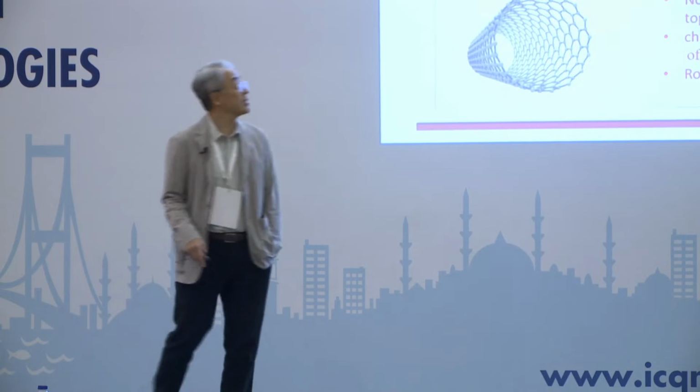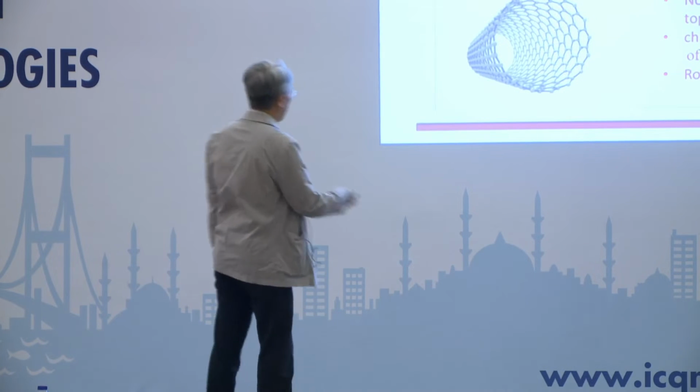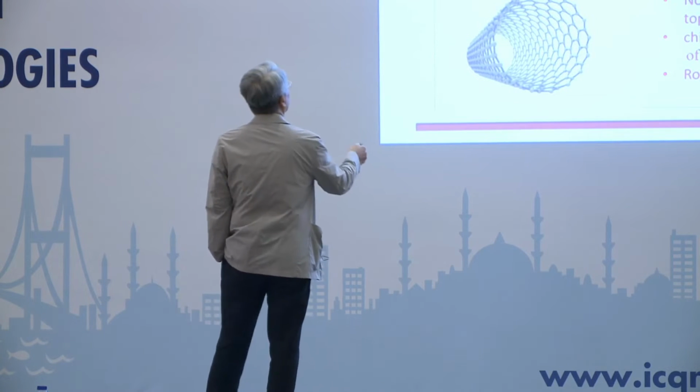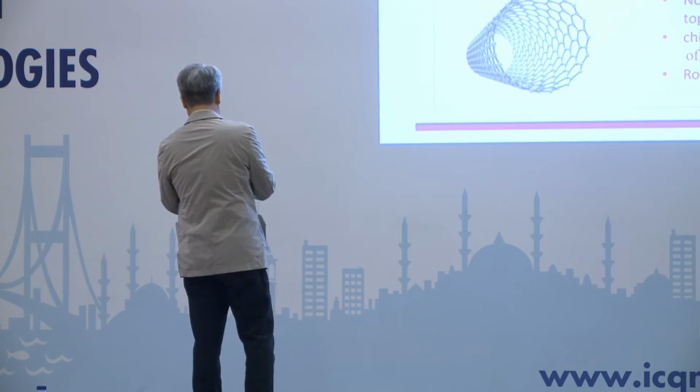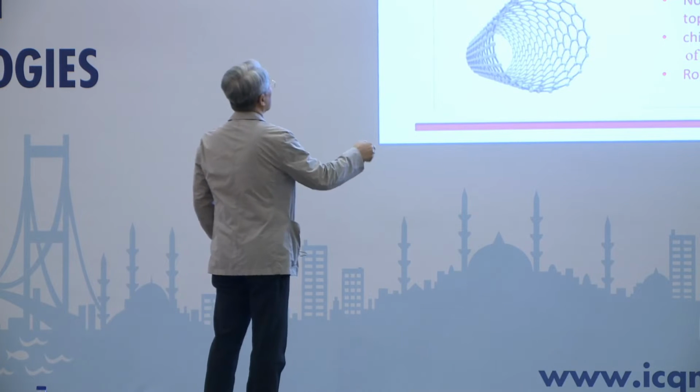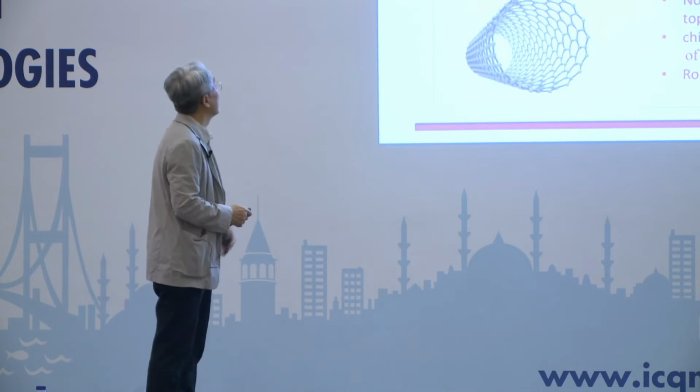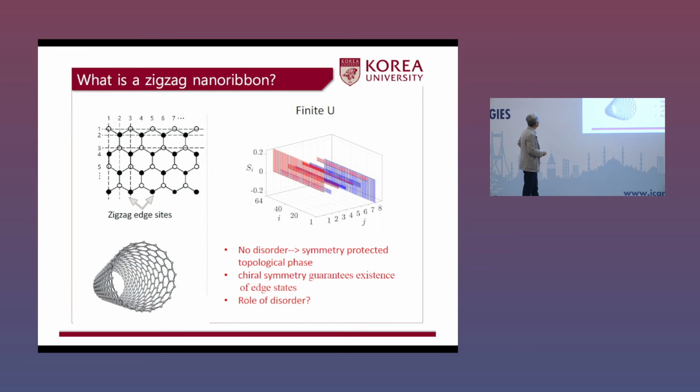So what is a zigzag nanoribbon? I have drawn here a zigzag nanoribbon. These boundary carbon atoms constitute zigzag edge sites.